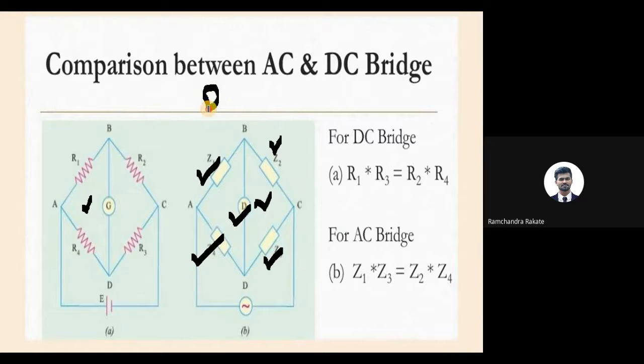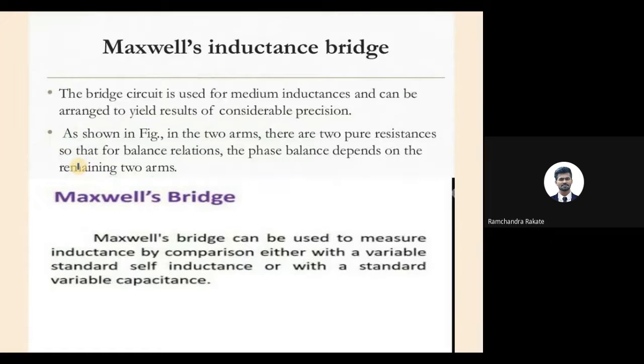Please keep in mind, in MCQs students often get confused between the galvanometer and the indicator. The function is the same whether you go for an AC bridge or a DC bridge. Checking points and objectives are the same, both give null deflection; only the source and the element change. That's the important rule.